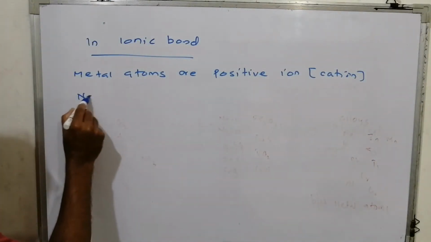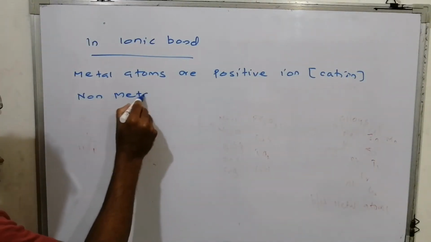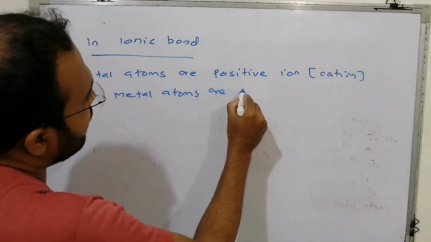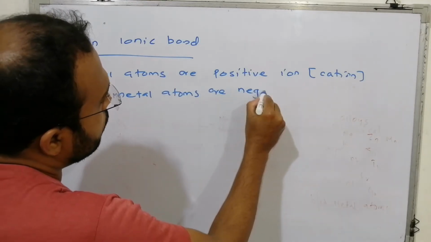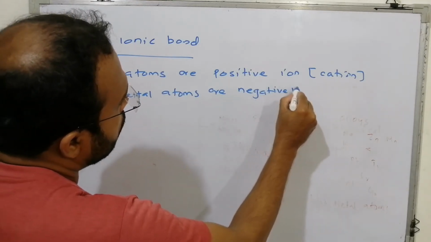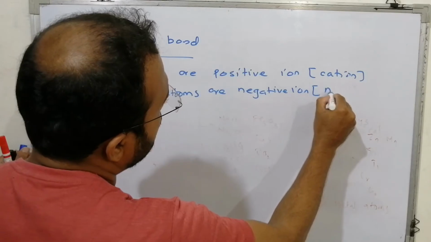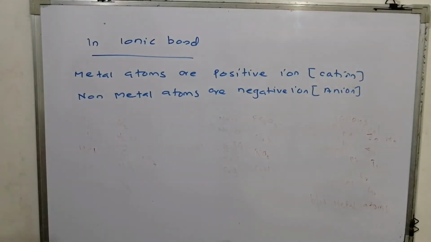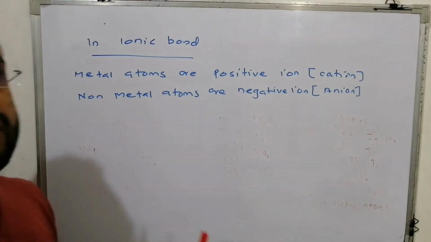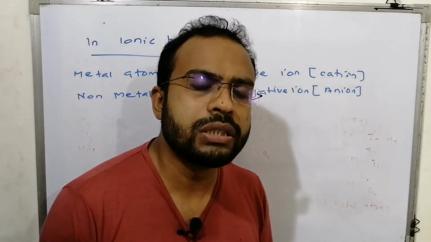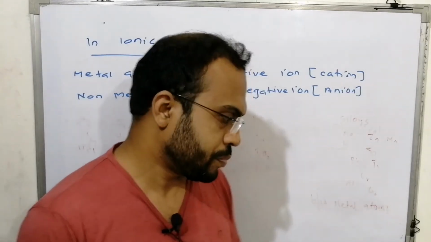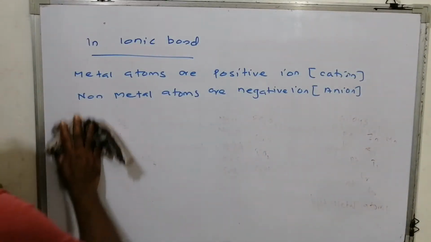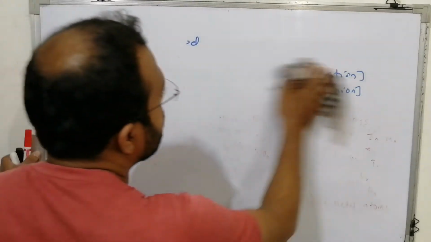Non-metal atoms are negative ion or anions, negative ion. And their electrostatic force of attraction are called ionic bond. Okay. Now let us go to factors favoring ionic bond formation.